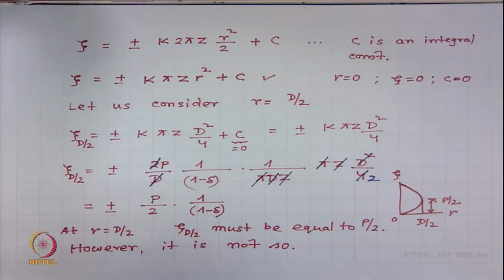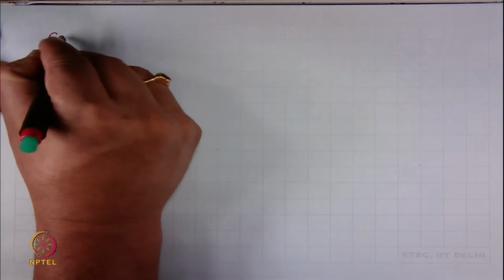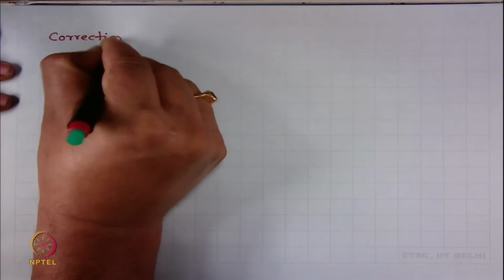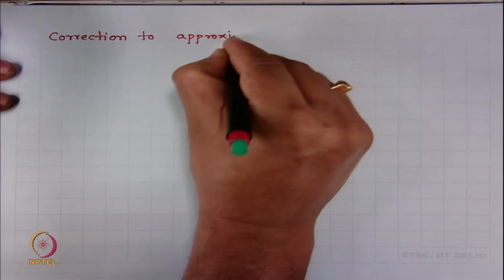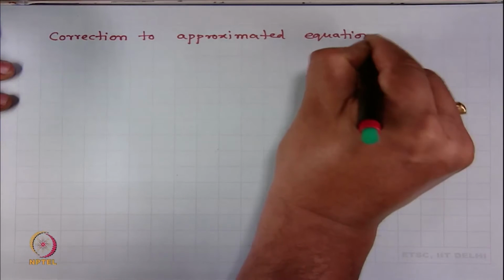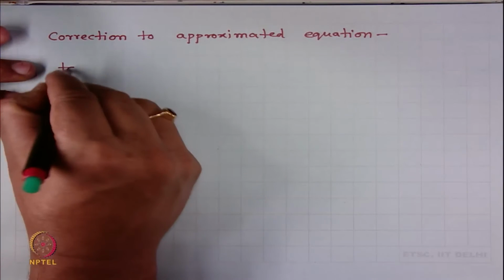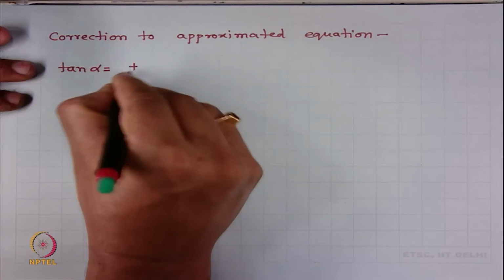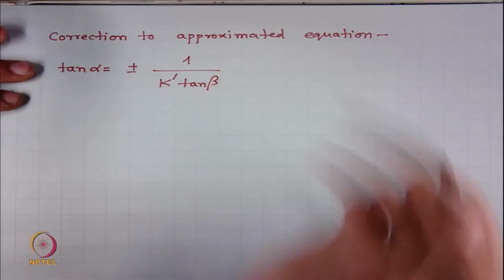So, we need to correct the approximated equation. Correction to the approximated equation: let us say tangent of alpha is equal to plus minus 1 by k prime tangent of beta.